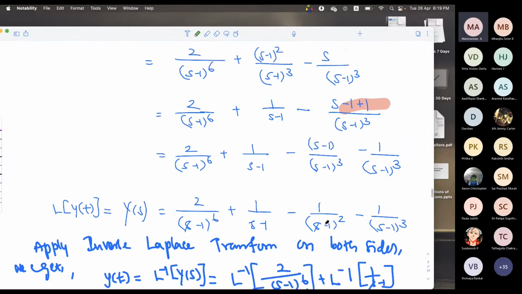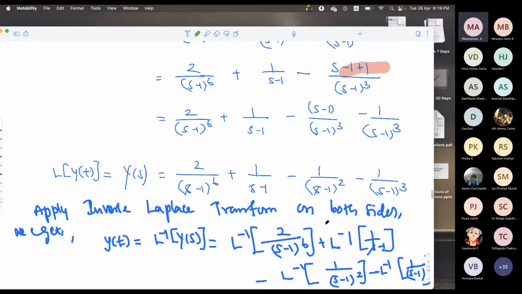Now if you apply the L inverse on both sides, see here, 2 upon s minus 1 whole square, 1 upon s minus 1. Now if we group s minus 1 upon s minus 1 whole cube, then this minus 1 divided by s minus 1 whole cube, and this and this get cancelled. So the remaining number is 2, right?